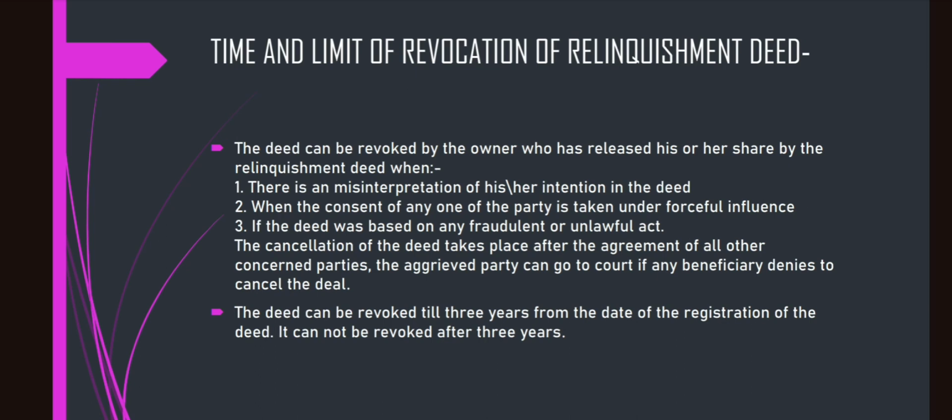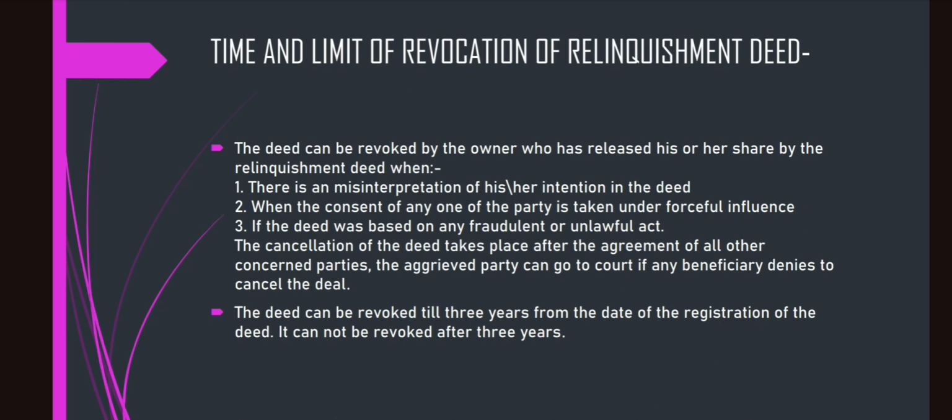If there is any wrongful misinterpretation of his or her intention in the deed, one can revoke it. If the consent of a said party has been taken forcefully under influence, then you can revoke the deed. Third, if the deed was based on a fraudulent or unlawful act, then the deed can be revoked.